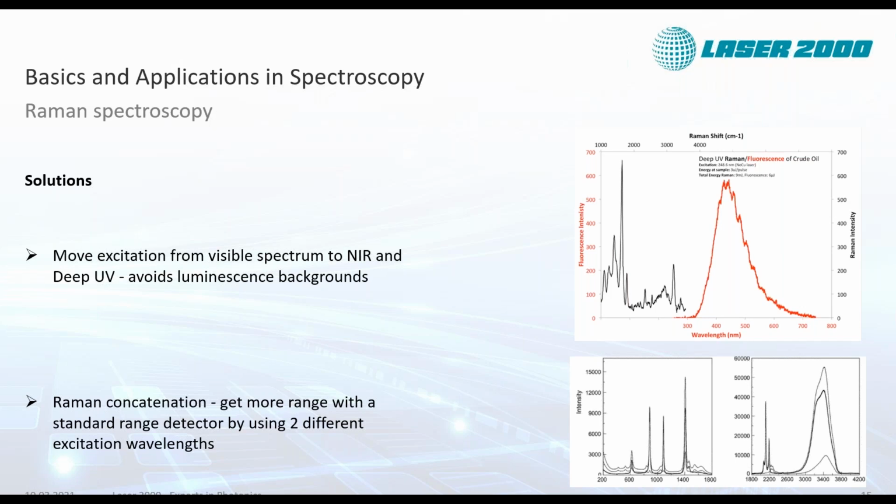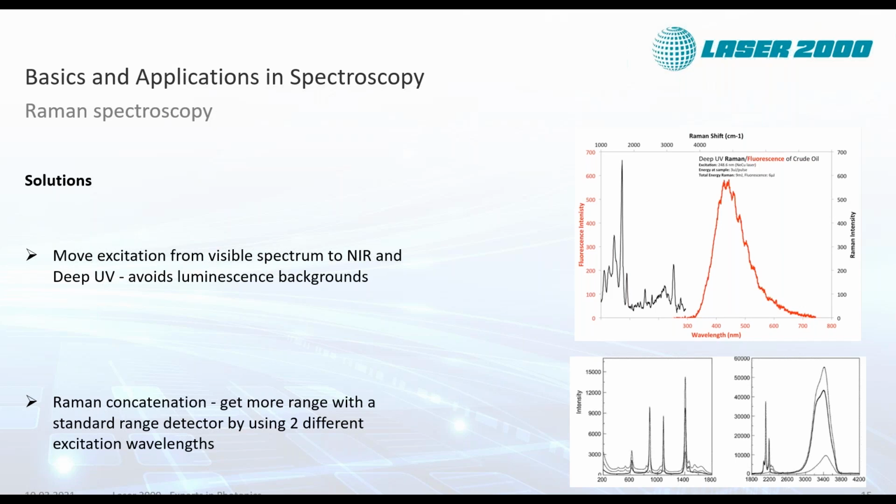The other point is to go the other way around. When you move to the deep UV and, for example, excite with a wavelength like 248 nanometers, you can overcome the background problem of luminescence, as most autofluorescence background starts at approximately 270 to 300 nanometers.